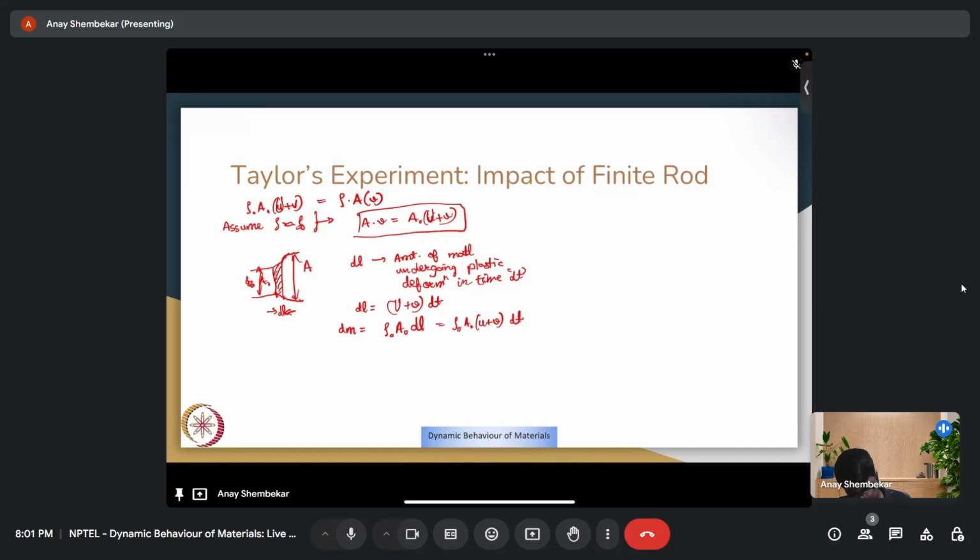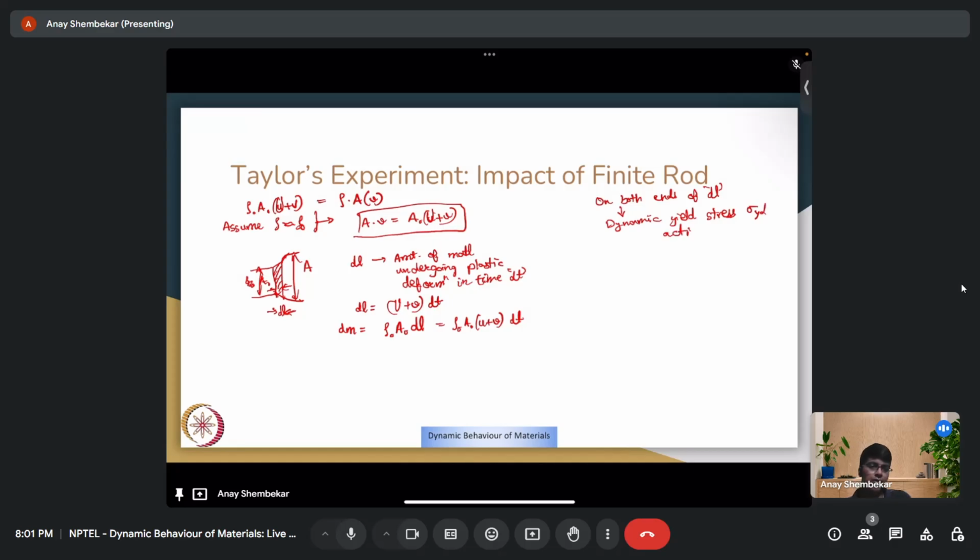Another thing that we assume is that on both ends of dl, you have dynamic yield stress sigma yd acting.